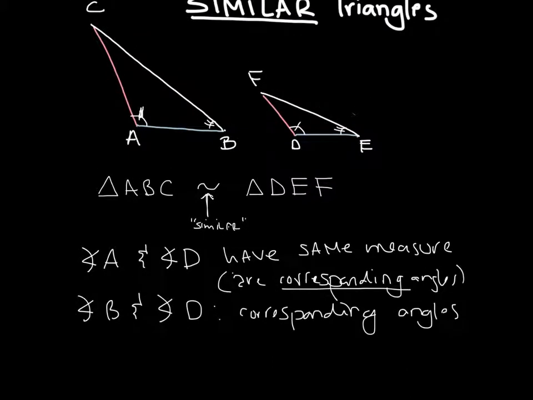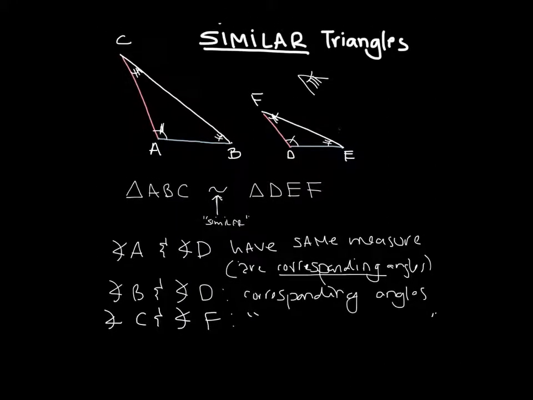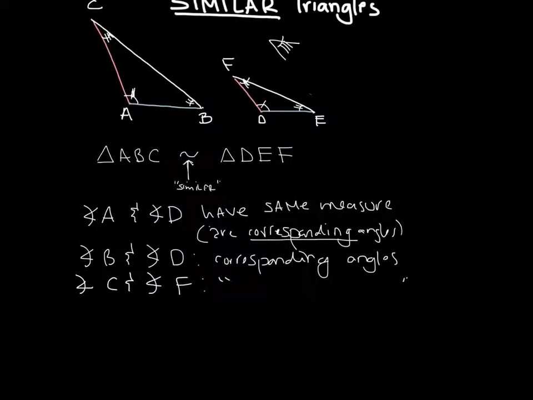And the last corresponding angle pair is angle C and angle F, and we can write three tick marks. I wrote my drawing a little bit small, but you really want to do 1, 2, 3. So angle C and angle F are corresponding angles. Corresponding angles means they have the same measure.